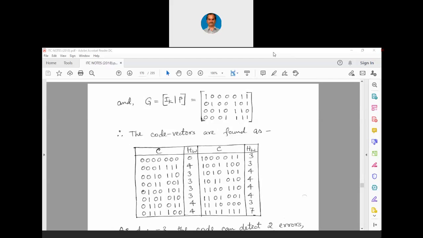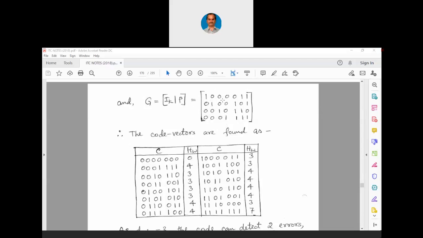Now, let me proceed. For this H we obtained, we can write the generator matrix at the transmitter, that is Ik along with P. This identity matrix Ik is of size 4 cross 4: 1 0 0 0, 0 1 0 0, 0 0 1 0, 0 0 0 1.